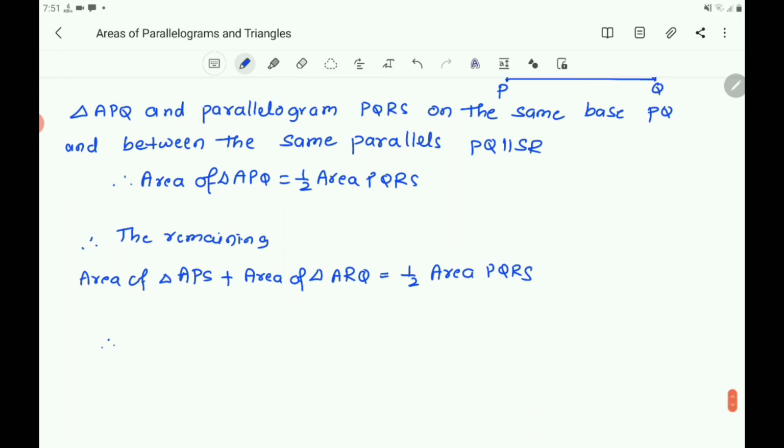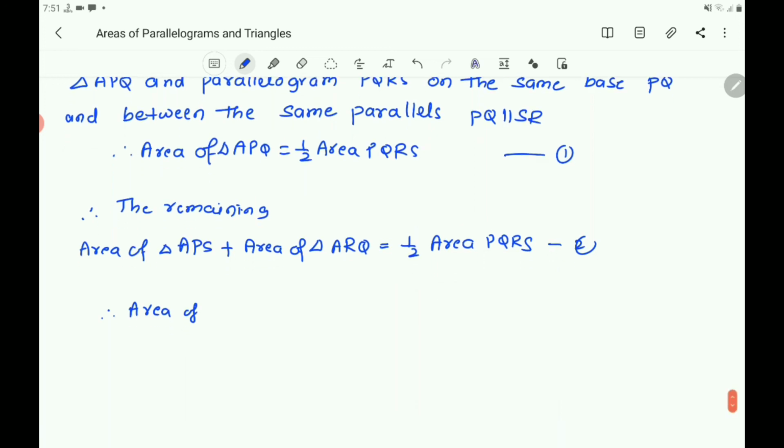So you consider this is first, this is second. This is half means the remaining must be half. So you write that area of triangle APQ equals area of triangle APS plus area of triangle ARQ.